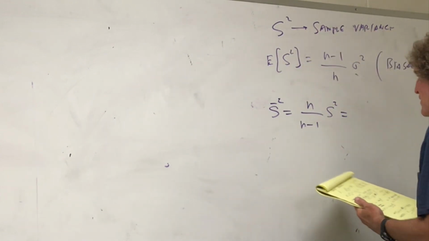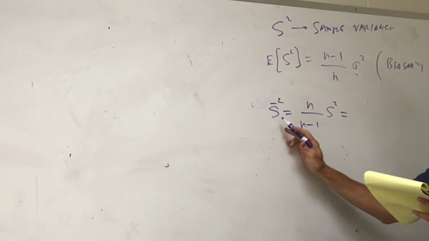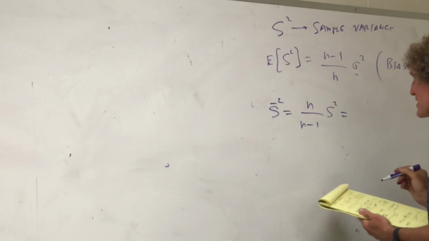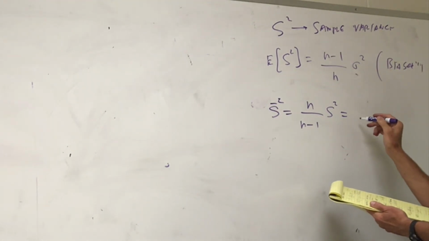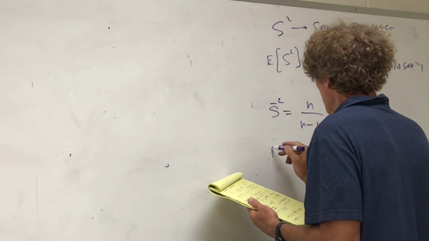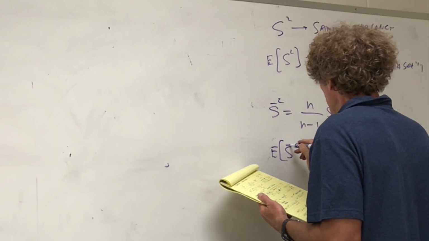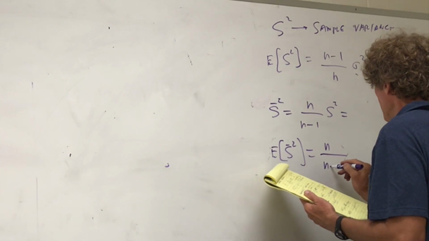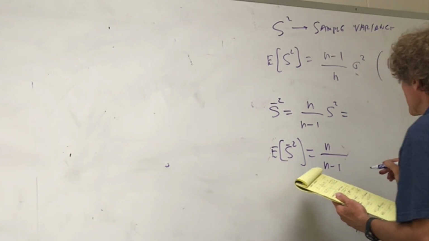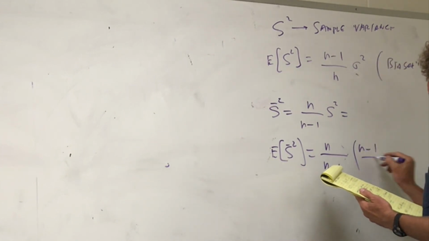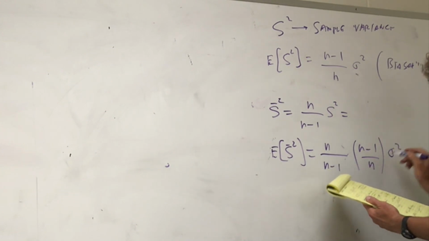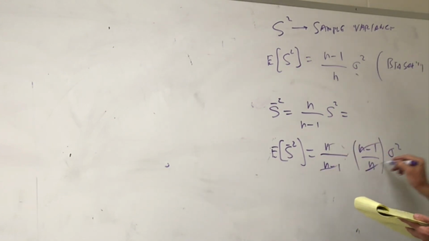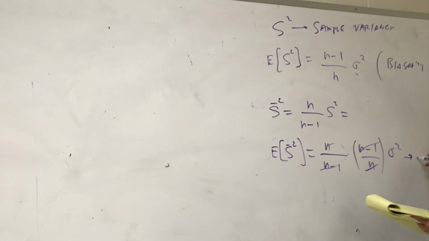If you look at the expected value of this times the expected value of this, you can see what happens. You get the expected value of s bar squared equal to n over n minus 1 times the expected value of s squared, and that's n minus 1 over n sigma squared. So you see these cancel, and that's why it's called unbiased.